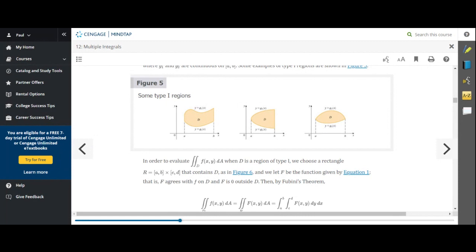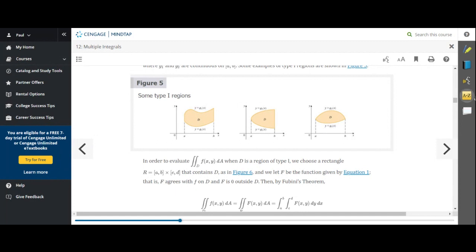Now, you can also have what are called type 2 regions. Type 2 regions are regions where you're bounded on the left and the right by functions of y. So here in figure 5, you're bounded above and below by functions of x.